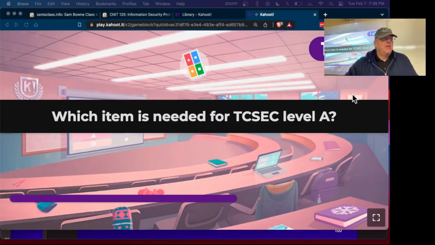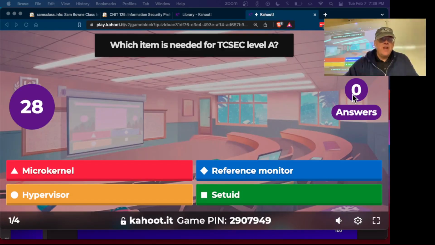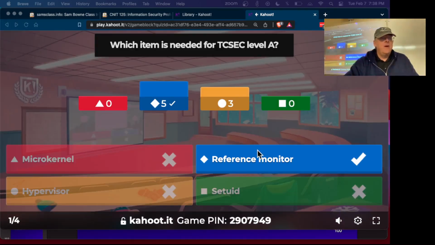All right, so what do you have to have for TC-SEC level A? You have to have a reference monitor.